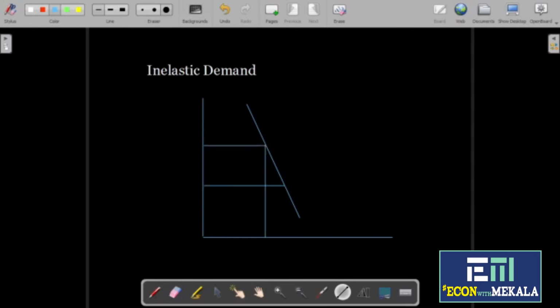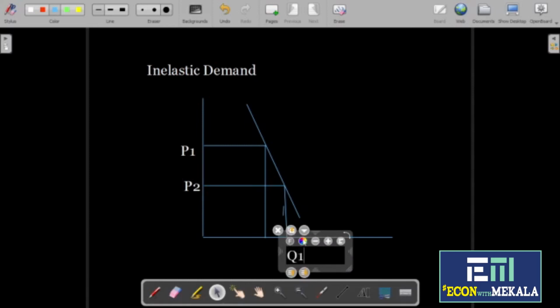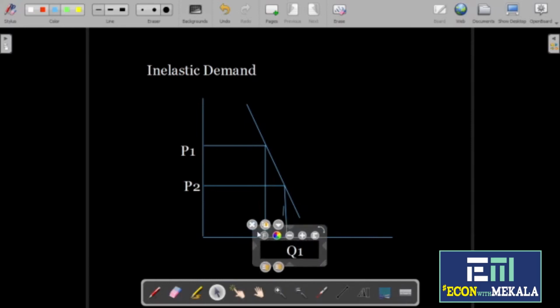If you look at this steep slope demand curve, I picked two prices, and for those prices I am looking at the quantities we'll get. This is P1, this is P2, and for P1 we had the quantity Q1, for P2 we have the quantity Q2.